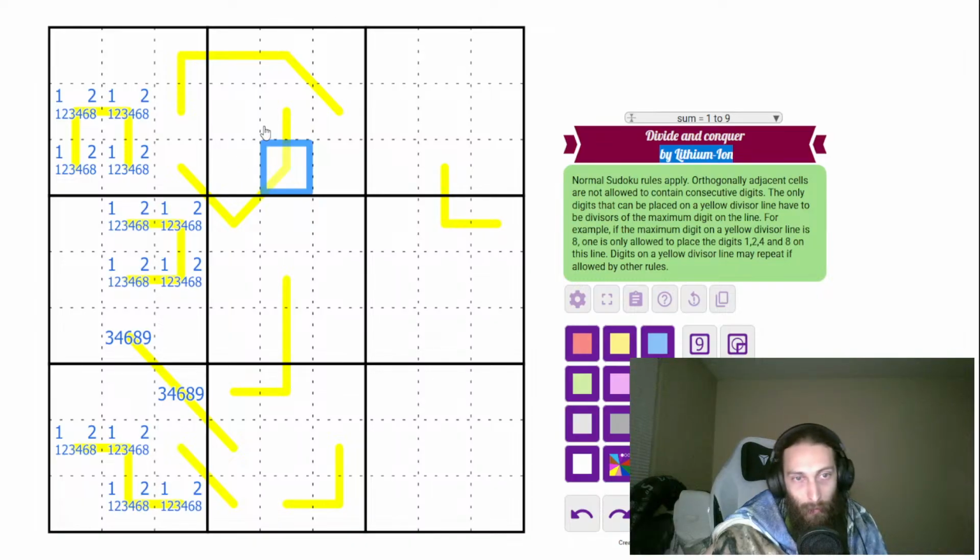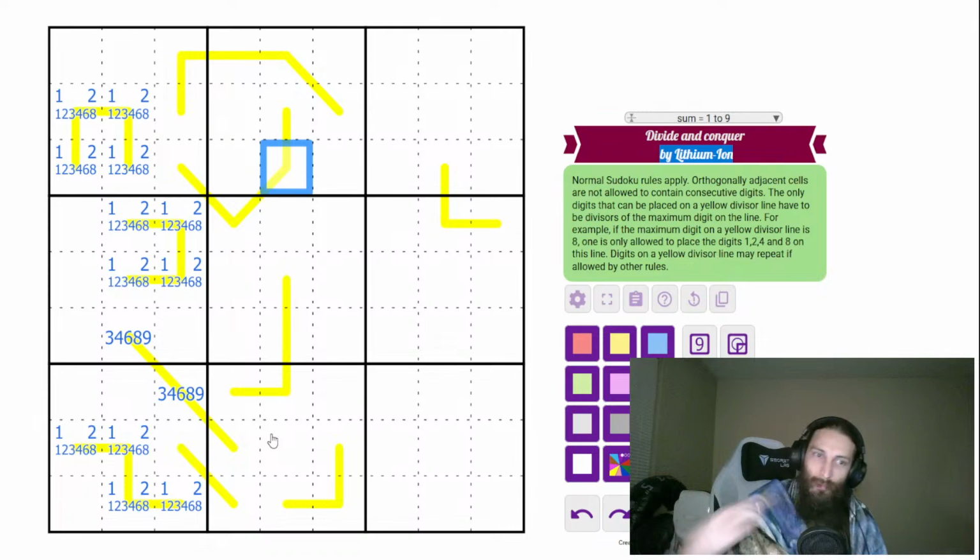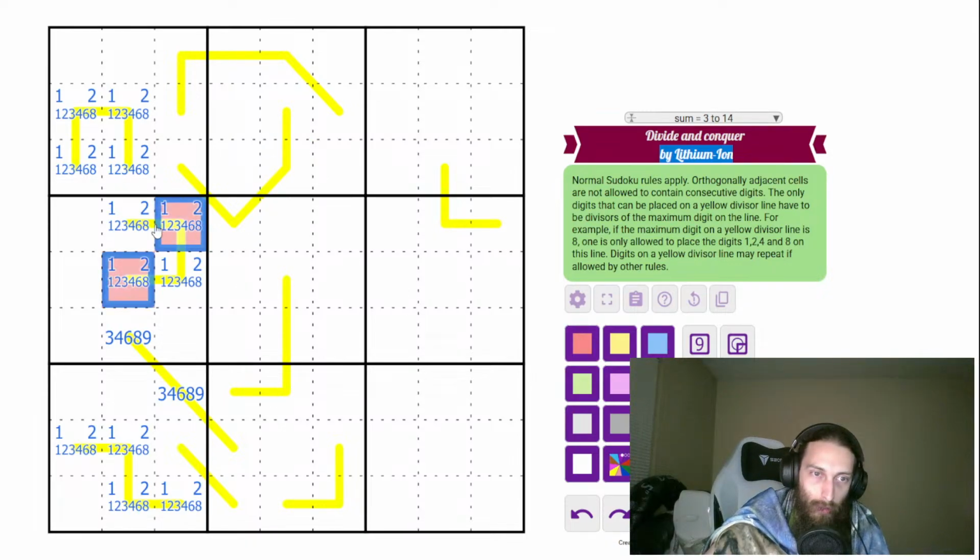Oh, and 1 and 2 cannot go next to each other. So we'll go like this or like that. So look at column 2.